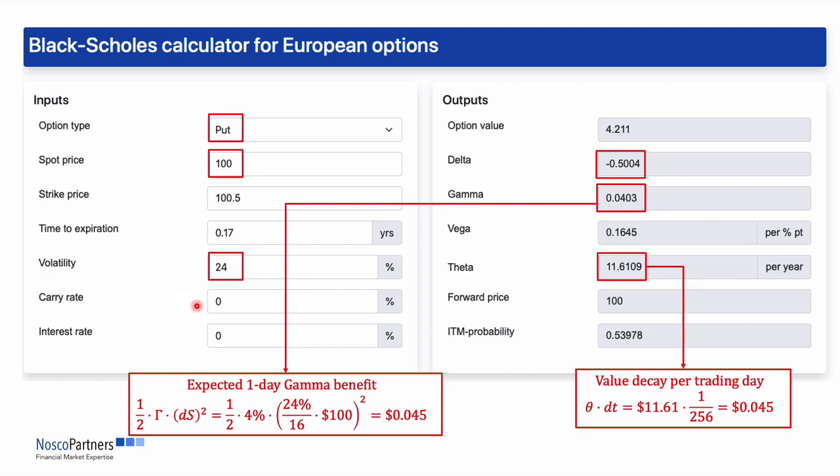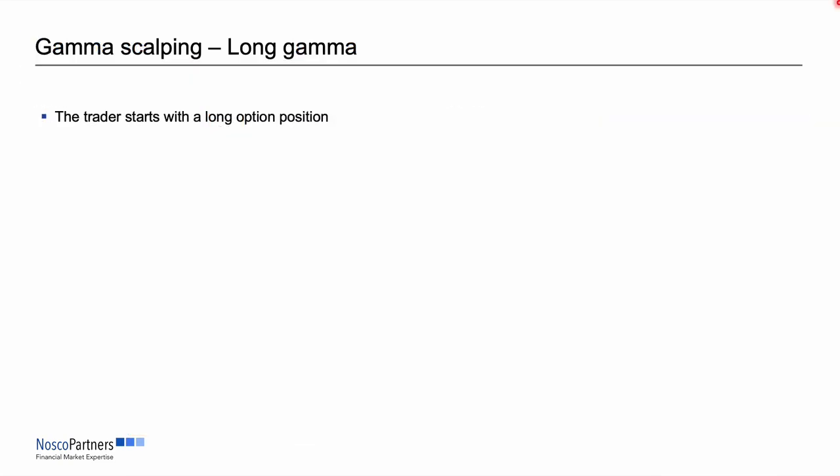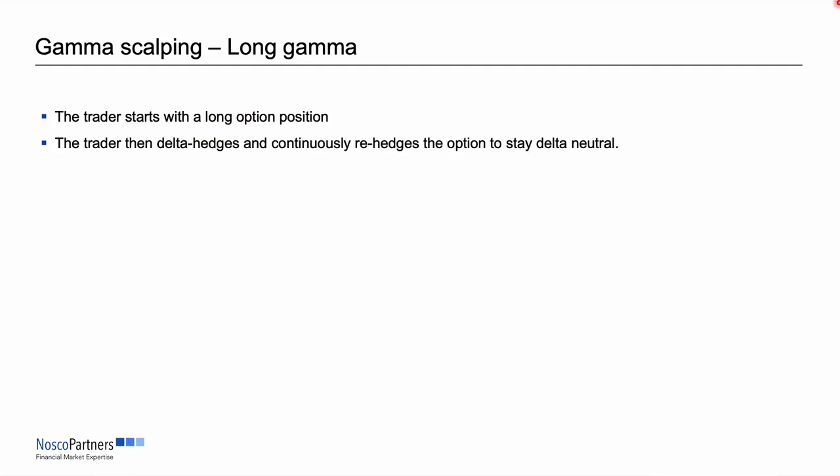If the carry rate is non-zero and the underlying moves as explained by the implied volatility, then in an ideal setting, the gamma benefit should equal the option decay plus how much it costs me to carry the delta hedge.